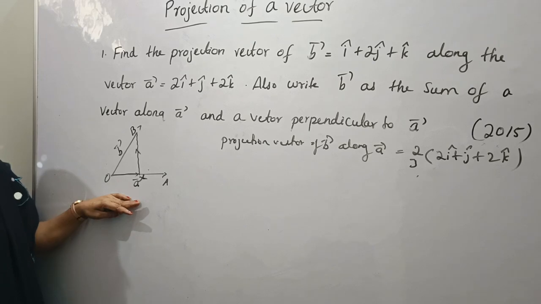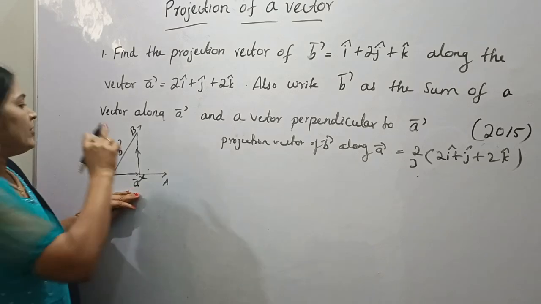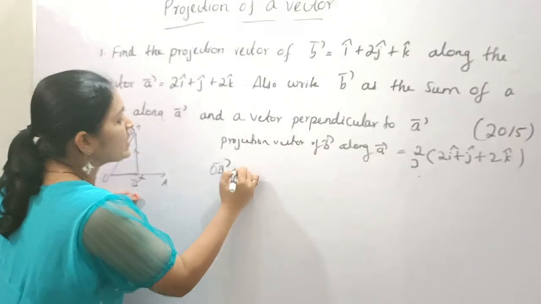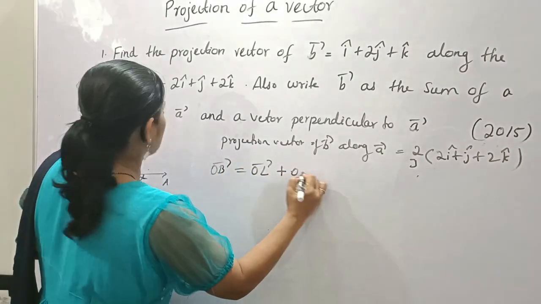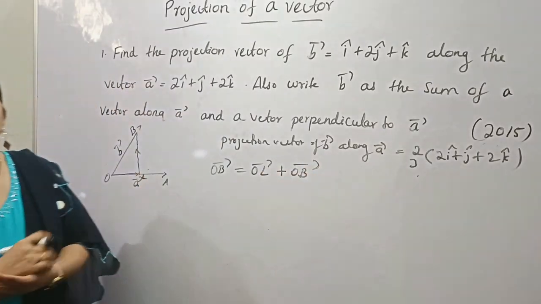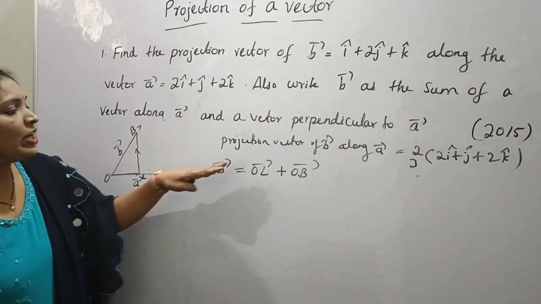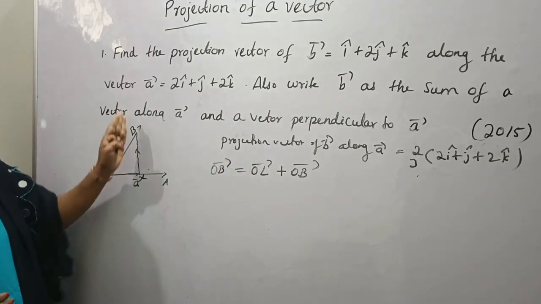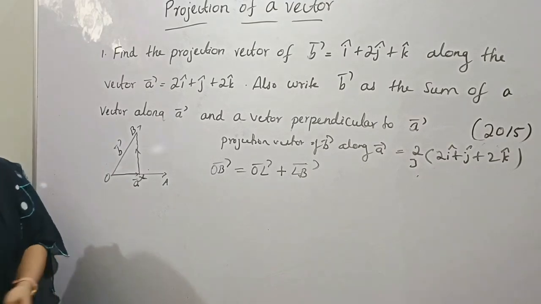So how to find this vector? By the triangular law of vector addition, we can write vector OB is equal to vector OL plus vector LB. So we need to find vector LB.